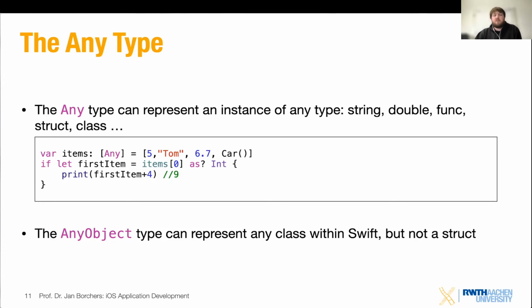But it wouldn't be possible to just take the first item and then add 4 to it, because you can't add something to the any type. But in some cases, it might help to do that. And any object is then something that only applies to objects, where you can represent any class with it, but not a struct. For that, you can use any.